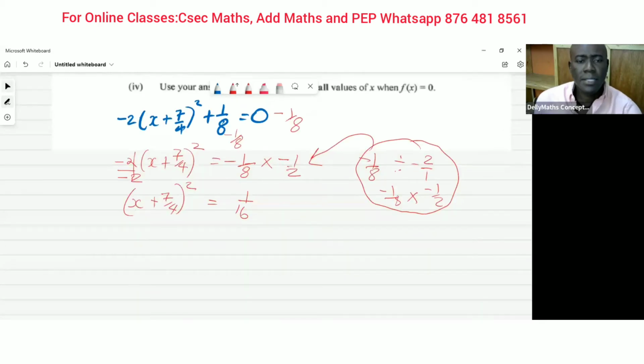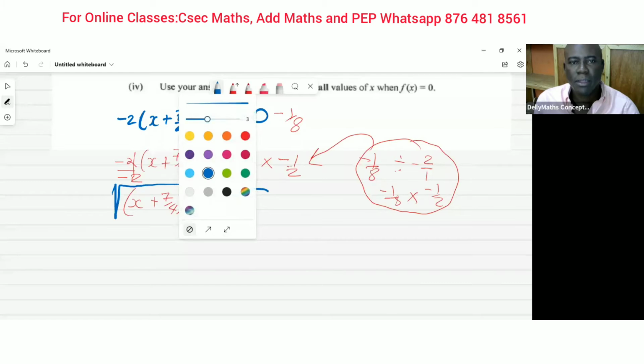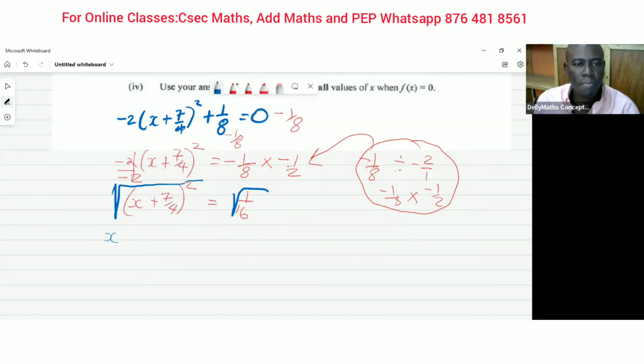All right, let's continue working. We're solving. So at the same time, we could see here that in order to get rid of that square, we have to take the square root of this. I'm going to be left with x + 7/4, which is now equal to, because my square is now gone, plus or minus 1/4.